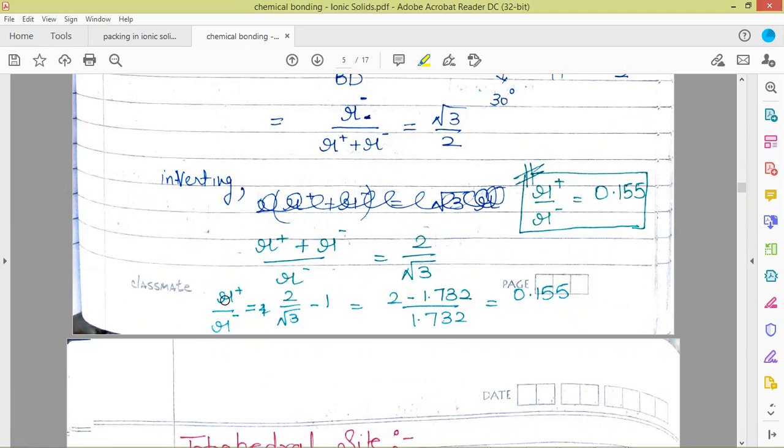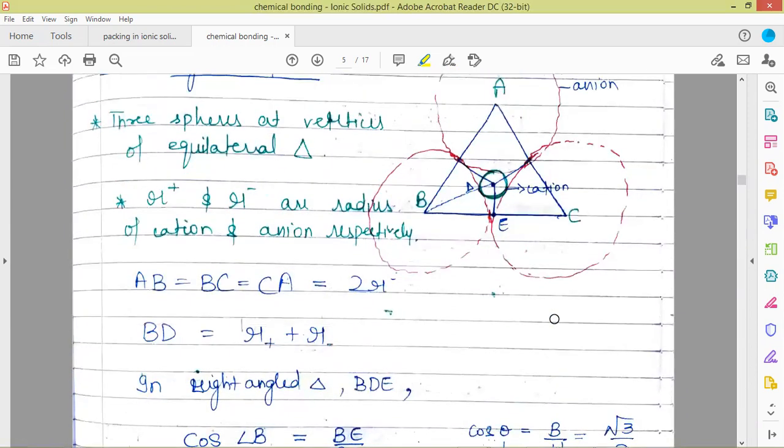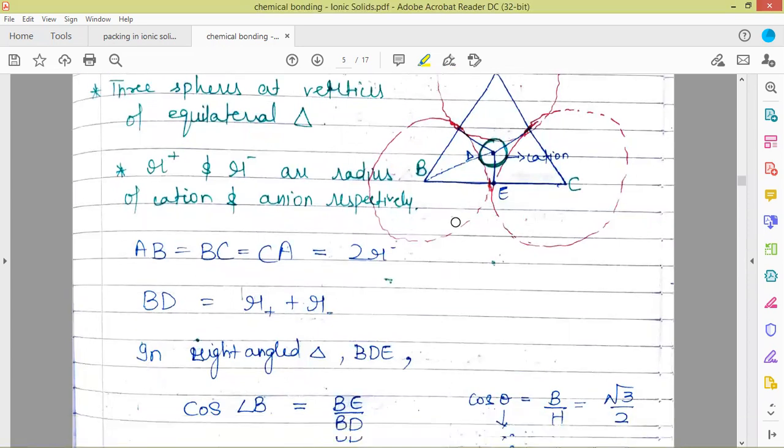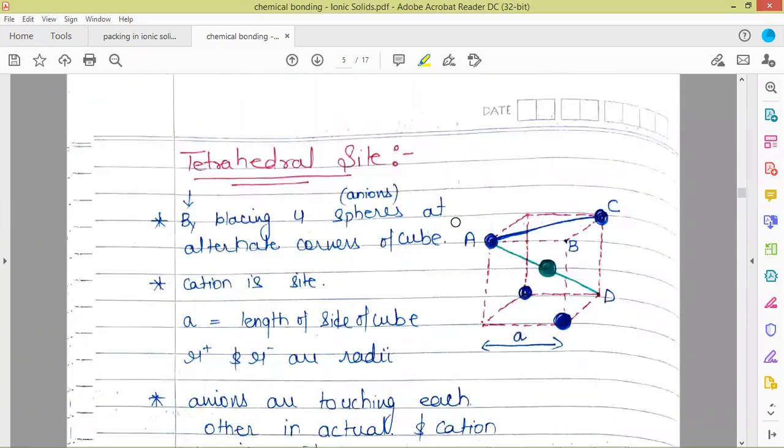So we get the value of r positive divided by r negative, which is our radius ratio. It comes out to be 0.155. So from here we got to know that the radius ratio should be at least 0.155 for acquiring this particular type of sites for cation and anion.